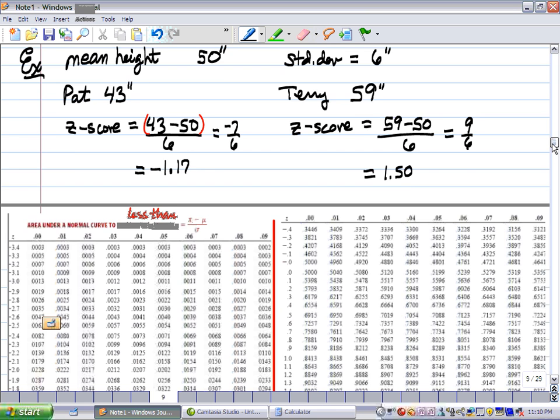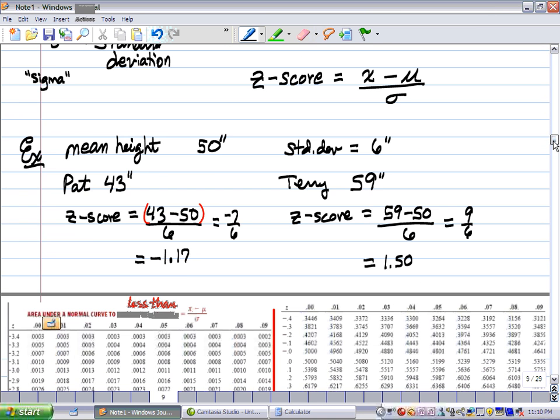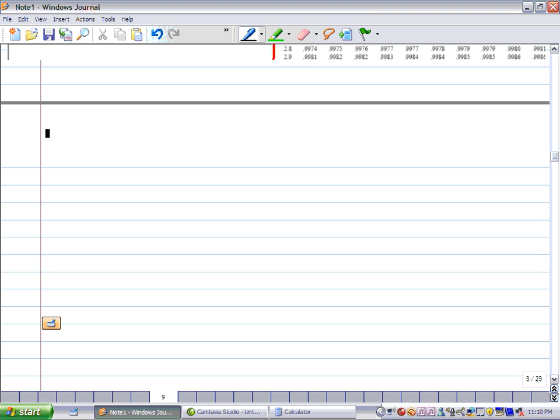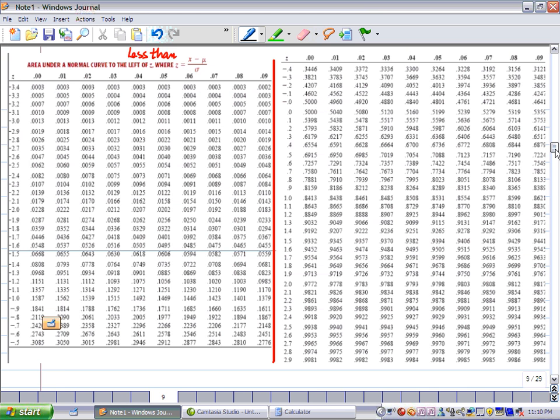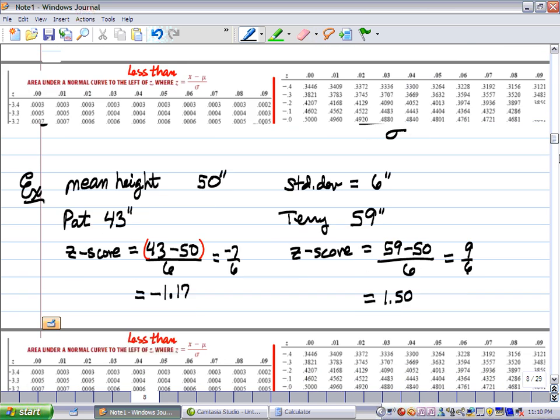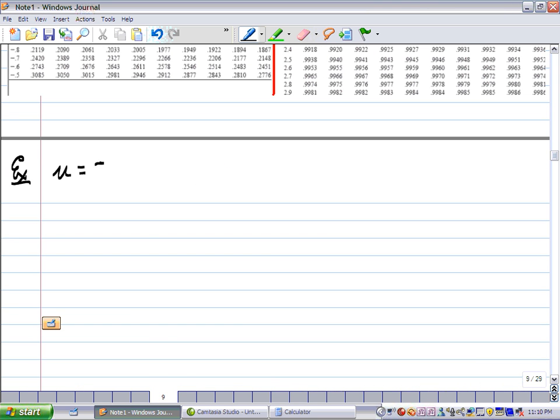Okay, so let's do a couple of examples. See, I said the mean was 50 and the standard deviation was 6. So let's stick with that. The mean is 50 and the standard deviation is 6.